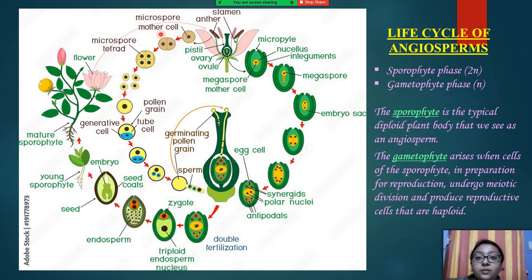The male reproductive unit is like this: the microspore mother cell, from here the microspore tetrad, the 4 microspores getting released, the generative cell and vegetative cell, or the tube cell, getting formed, then 2 gametes from the generative cell, and then the pollen develops a pollen tube when it reaches the stigma of the female reproductive unit.